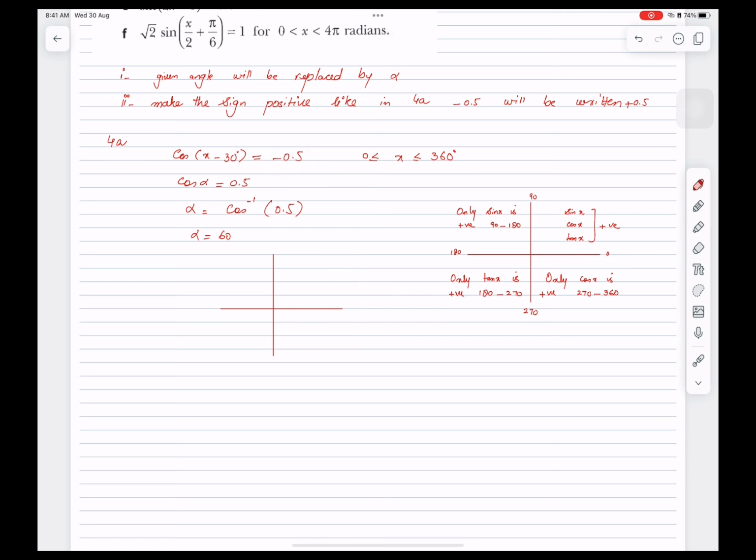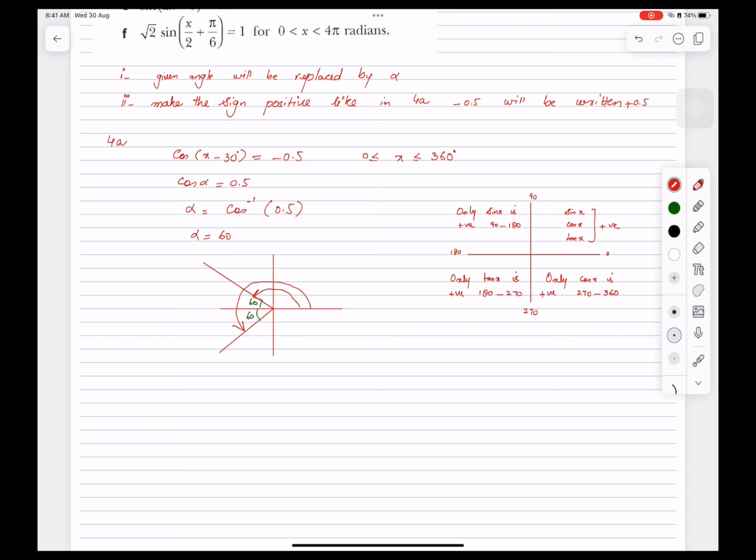You will roughly make an angle of 60 degrees in the second quadrant, and similarly in the third quadrant. Every time you need to measure your angle from the positive x-axis in the anti-clockwise direction. So the first angle is 60 degrees, and this is also 60 degrees.